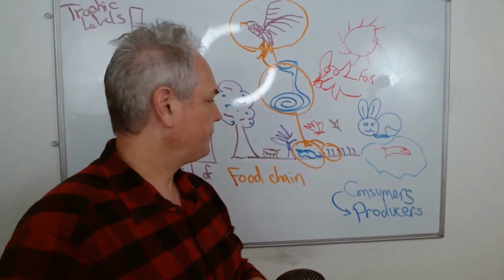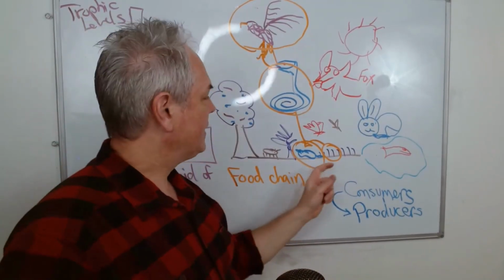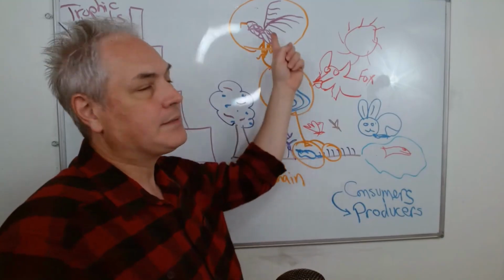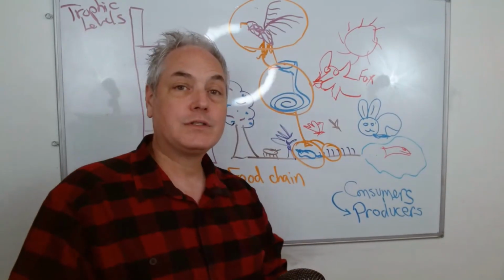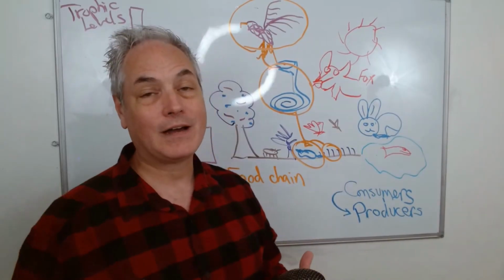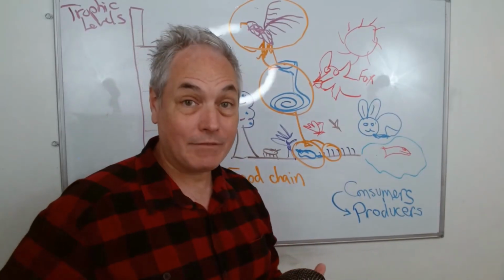This is what we call a food chain. It is one organism after the other in one straight line.